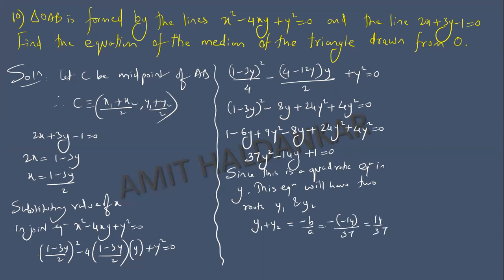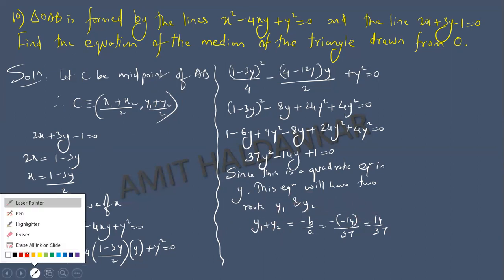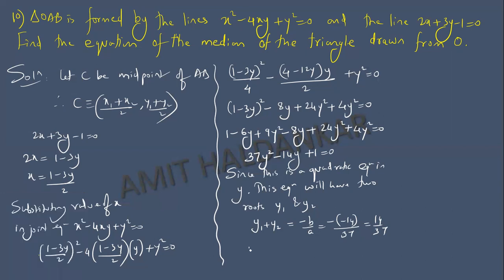I will use this to find the y coordinate. Now check, we require y1 plus y2 by 2, but I got y1 plus y2. So I'll divide both sides by 2, and what I get over here is y1 plus y2 by 2.